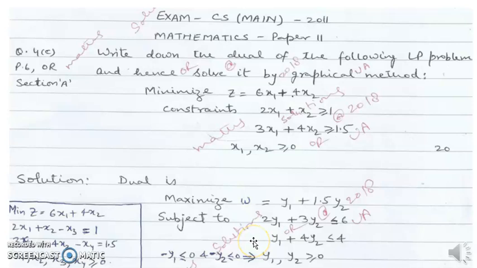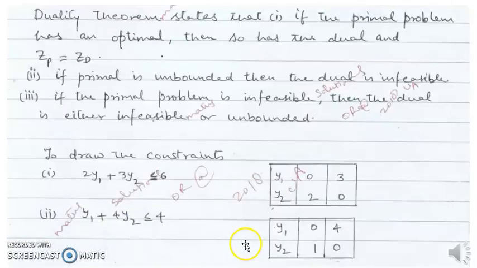Now we would like to solve this dual with the help of the graphical solution. But before that, I would like to give you the duality theorem statement, which states that if the primal problem has an optimal solution, then so has the dual, and they are equal: Zp = Zd. If the primal is unbounded, then the dual is infeasible.